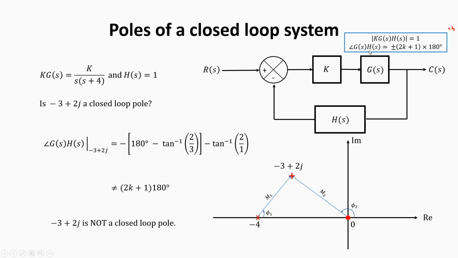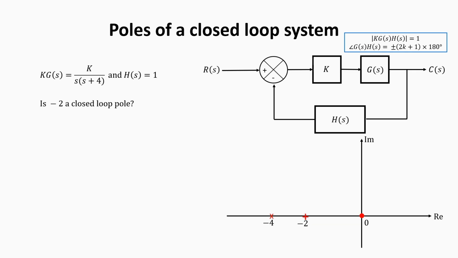But no, the magnitude criteria is satisfied by every point on the complex plane. You take any point, you just plug it in, and you can find a value of k, right? So the magnitude criteria is satisfied by all points. What is important is the angle criteria. The angle criteria is not satisfied by all points, so you have to plug in and check whether it is satisfied. If it is satisfied, then you can always find the value of k. Okay. So in this case, it is not satisfied.